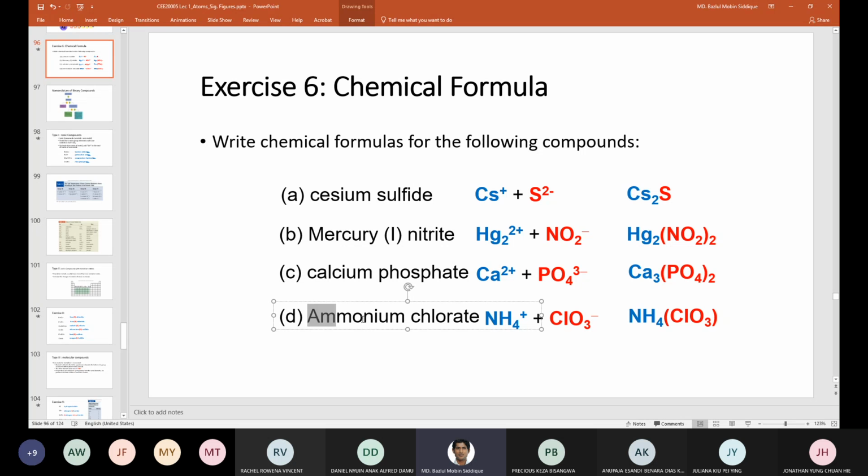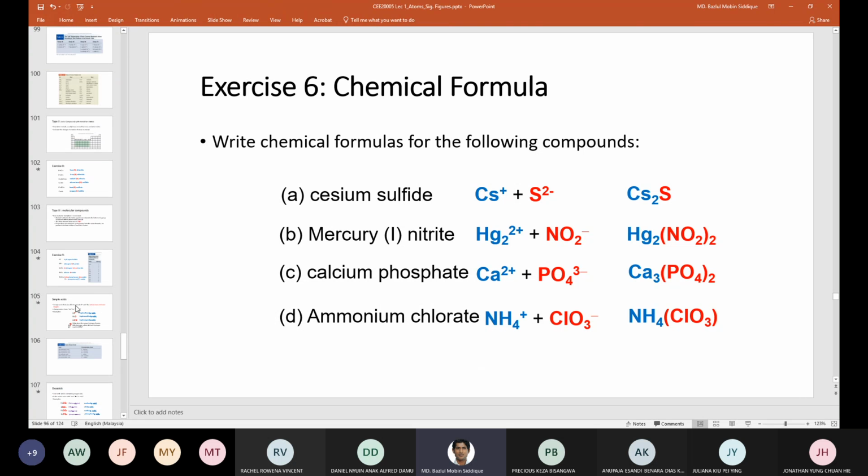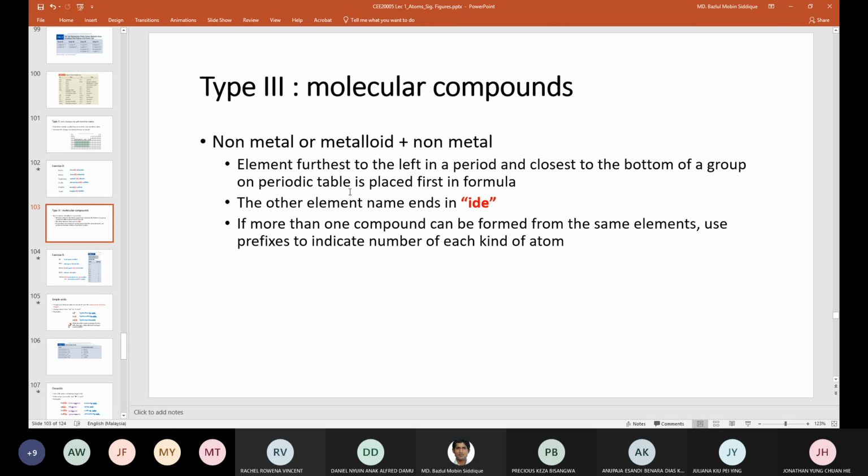Here both are non-metal, ammonium and chlorate. Chlorate is coming from chloride. So both of them are non-metal.